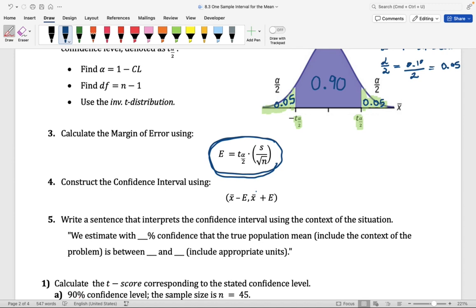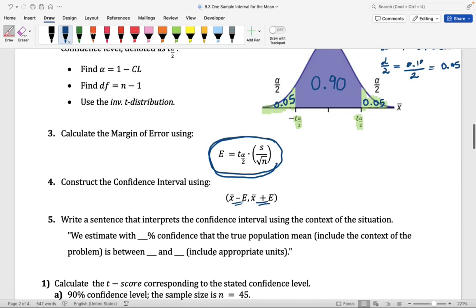We're trying to estimate what the population mean is, and we would describe what the population mean is using the context of the situation. And then we would say that this is between blank and blank, and then we would include the units. Those blank spots at the end are going to be the values that you get from the confidence interval. So the first value is going to be x bar minus E. The second value is going to be x bar plus E.